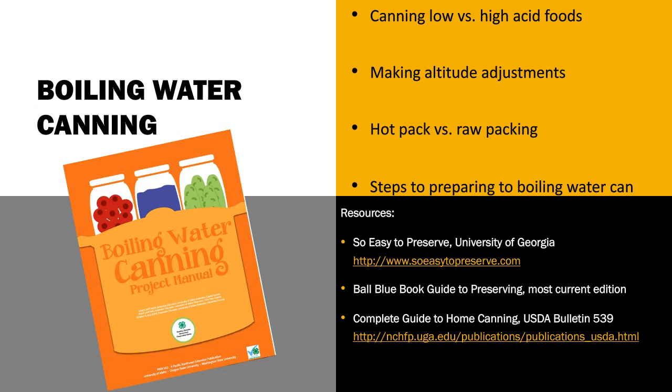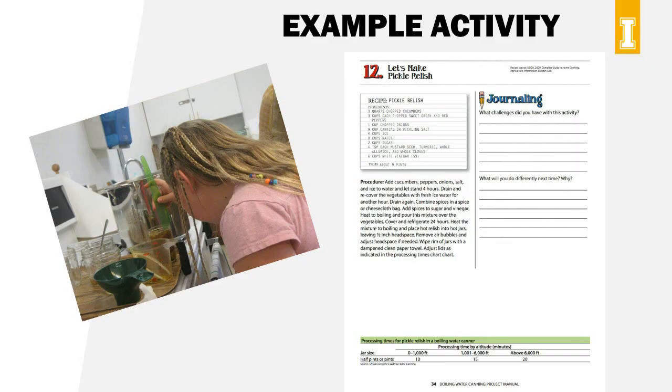All right, so activity-wise, this is a sample activity from the Boiling Water Canning Manual. This one is on a pickle relish. You will notice when you look in these two manuals on canning, each of them will usually have a recipe, a procedure, the processing time, which is that little table down at the bottom there, and then, of course, the journaling activities.